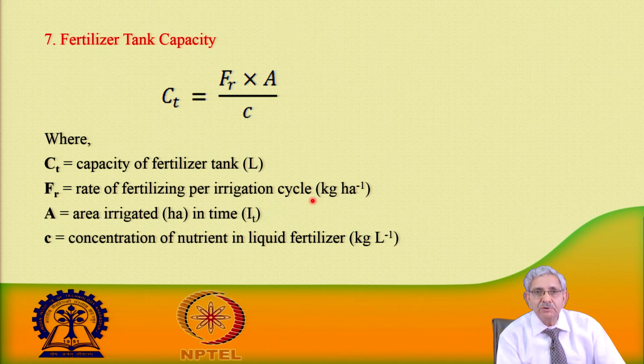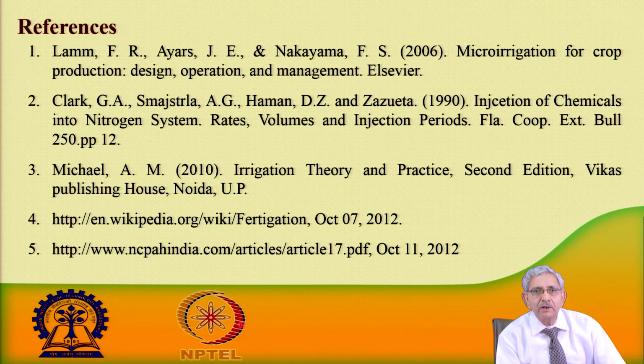If you use these units, one can get the capacity of the fertilizer tank in liter. Having got these data, one can find the parameters required to design the fertigation units and fertigation components. So, refer to the books given here.